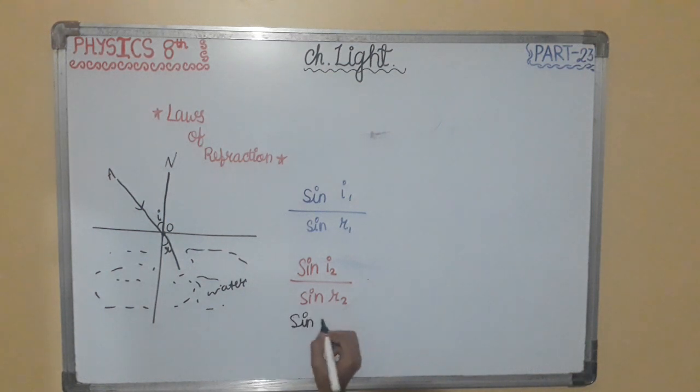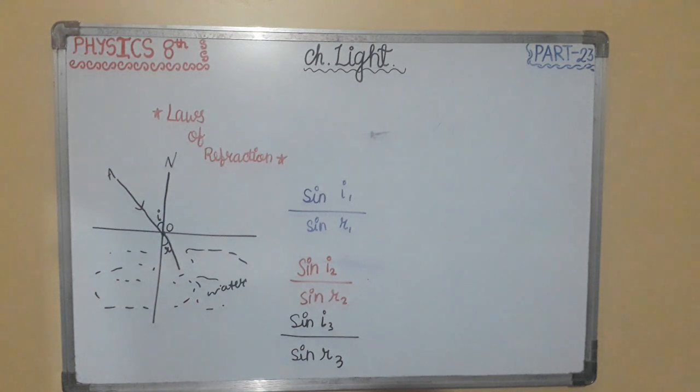Sine I3 upon sine R3, like this. First the value is x. After that we'll see the observation of the whole.